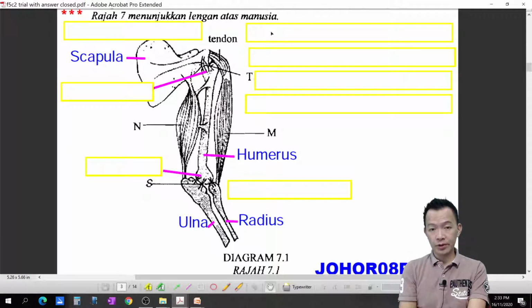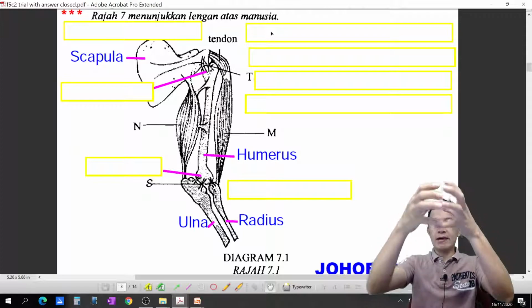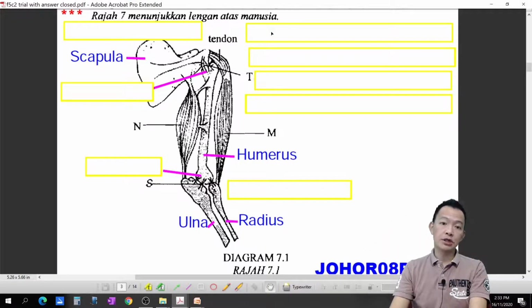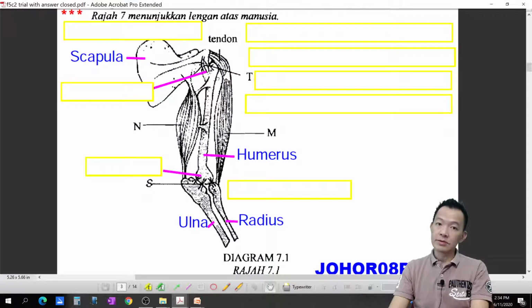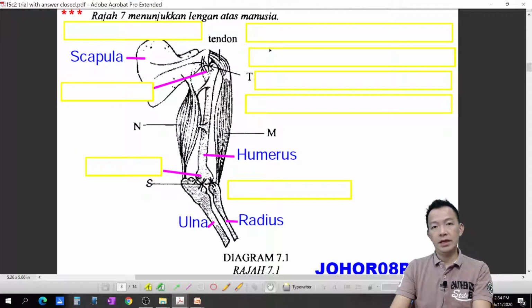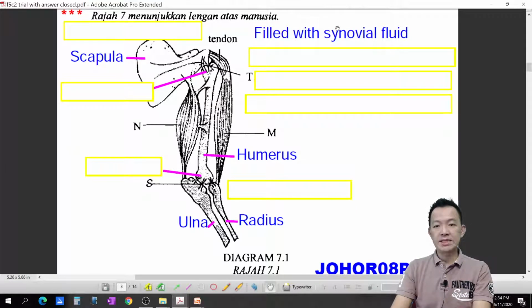And the joint actually is covered by capsules，有一个 capsule 包围着，对不对？Under the capsule, it having a layer called synovial membrane that contains the synovial fluids that act as a lubricant，就是一种润滑剂，对不对？还有什么共同点呢？The bone inside the joint actually they are covered by a layer of cartilage，有一层的软骨。很多共同点。Filled with the synovial fluid，里面有一种滑滑的液体叫 synovial fluid.